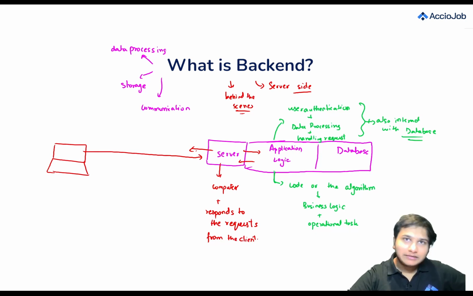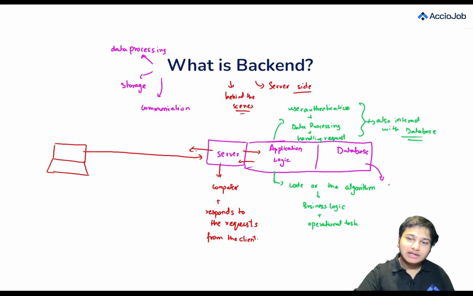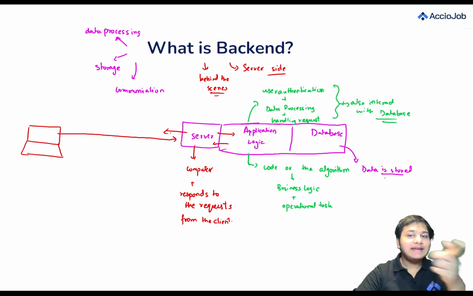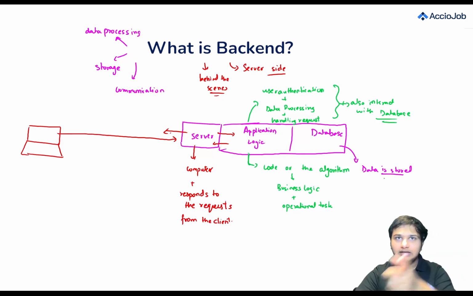Next comes the database. Now I don't think you need much explanation on what a database is, right? Basically it's somewhere the data is stored. This is the main deliverable of a database, where the data is stored, and this data is used by the application logic.